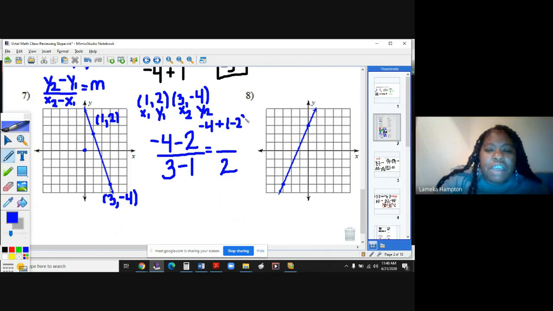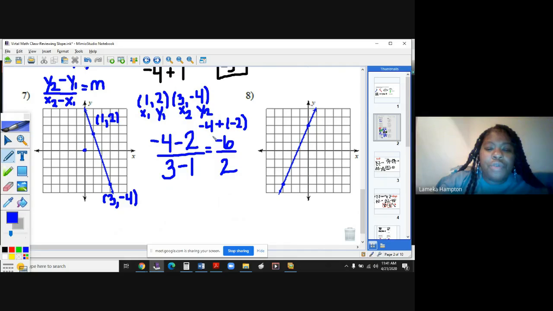Remember, I followed my keep change rule. So I kept my -4 the same, I changed my subtraction to addition, and I changed my second number to the opposite. The opposite of 2 is -2. So if I had -$4 in my account, which means I'm overdrafted at this point, but I decide to spend $2 more of what I didn't have, I am now -$6.